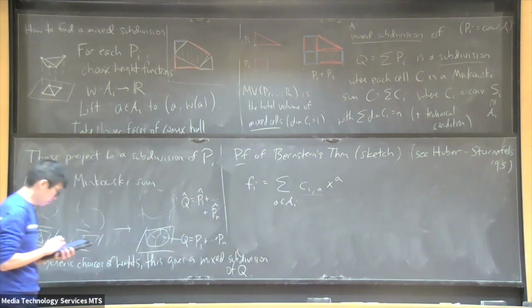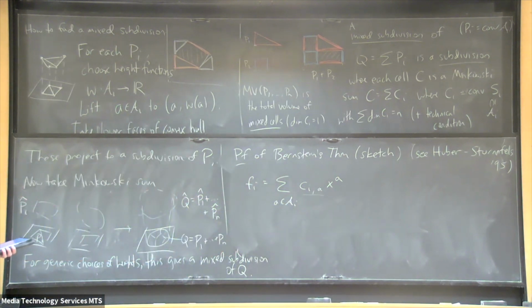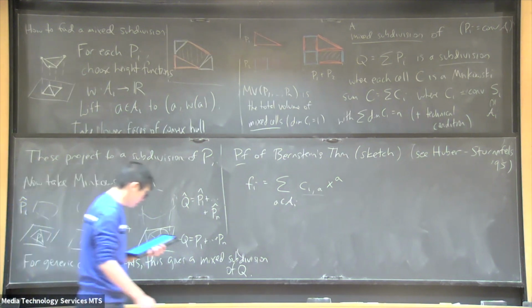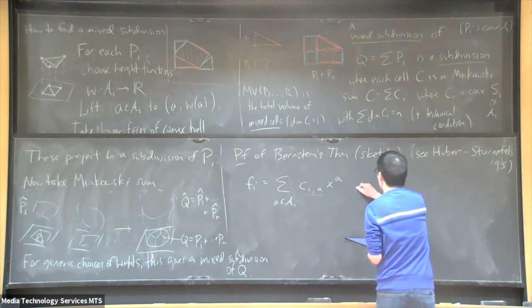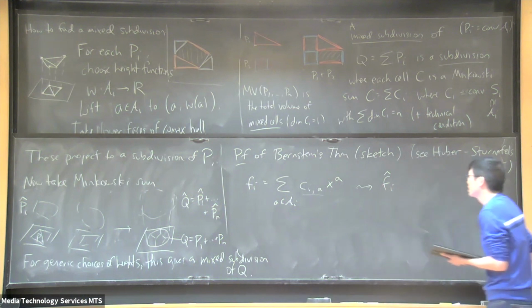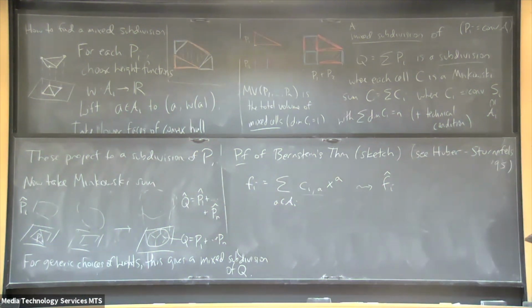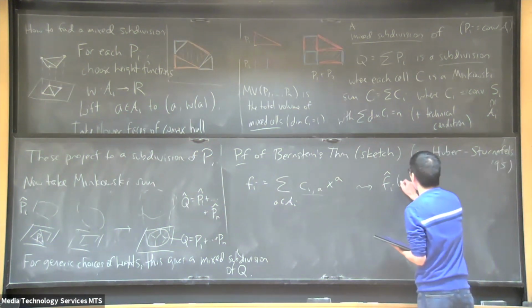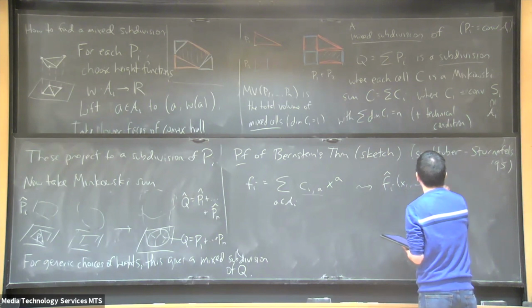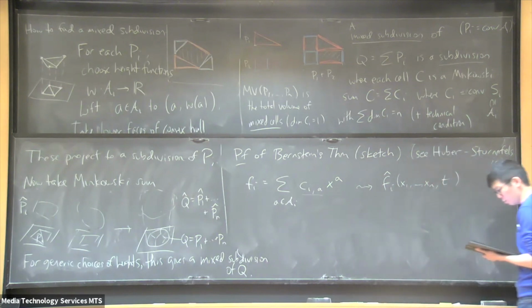So what we're going to do is construct a new system with an extra parameter: new polynomials f_i hat, which depend on x_1 through x_n, as well as an extra complex parameter t.